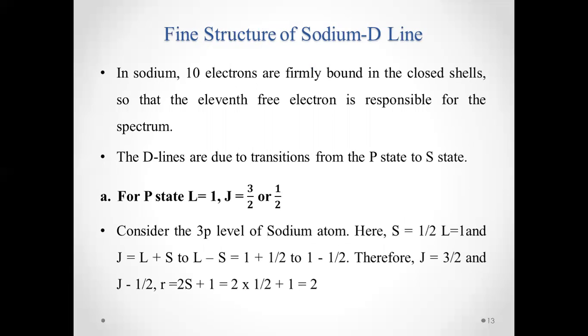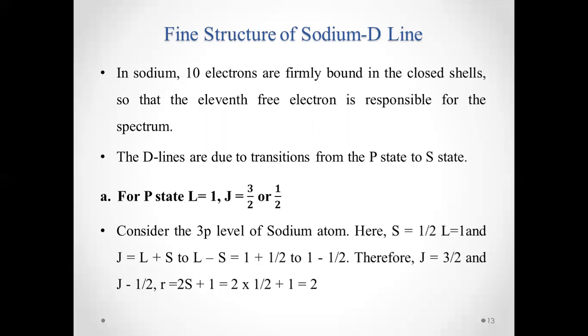Now coming to the explanation of the fine structure of the sodium D line. In sodium, there are 10 electrons which are firmly bound in the closed shells, so the 11th free electron is responsible for the creation of that spectrum.